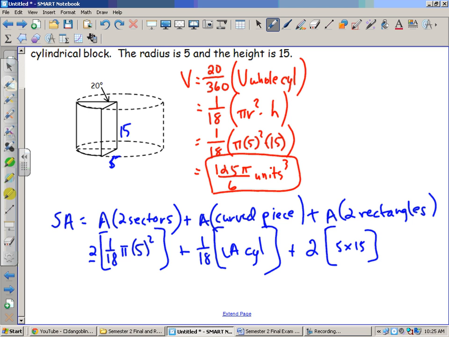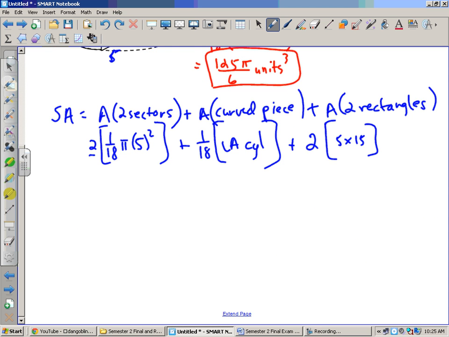So we'll just show that little intermediate step there. Okay, so what I end up with here is 1/9 times pi times 25. The lateral area of a cylinder is 2 pi r, where r is 5, times the height. And these are all formulas that you could put on your little formula sheets, your little note card.